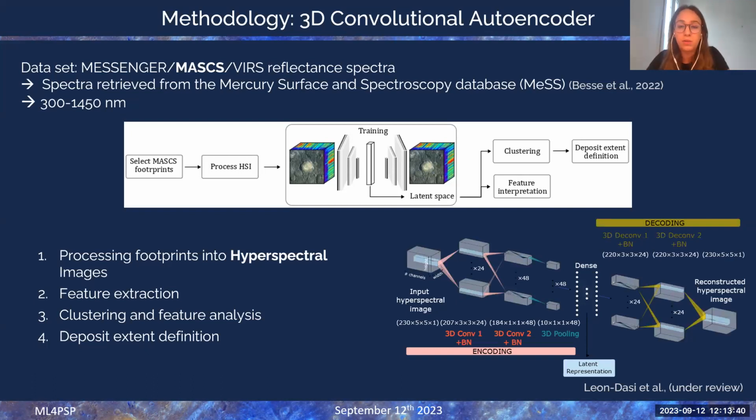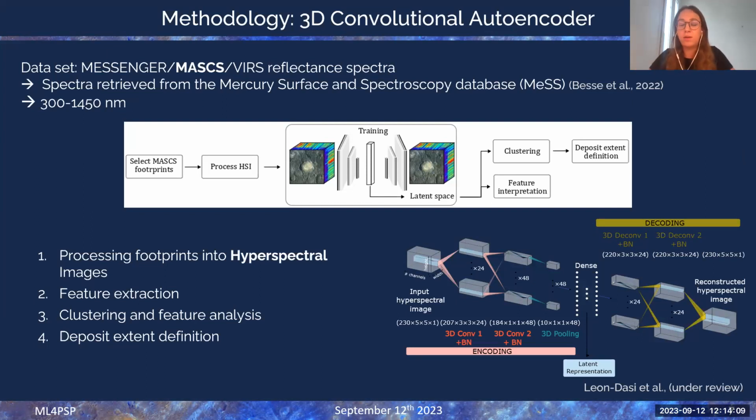So this is the exact architecture that we are using. It's a three-dimensional convolutional autoencoder. For those of you who are not familiar with autoencoders, the basic principle is that you start with an input. It can be a spectrum, an image, or in this case, a hyperspectral image. Then you have a set of layers with different filters that extract features, reducing the dimensionality until you get to this latent representation. Then again, you go up, increasing the dimensionality until you reconstruct your input.